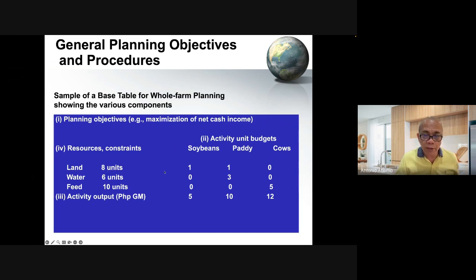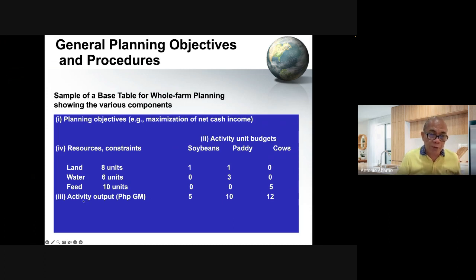So you have 8 units. You set aside 1 unit for soybean, 1 unit for paddy rice, and then for water you have 3 units for paddy, and then for feeds you have 5 units for cows. Pretty simple. Now this will become the coefficient according to this limiting factor.